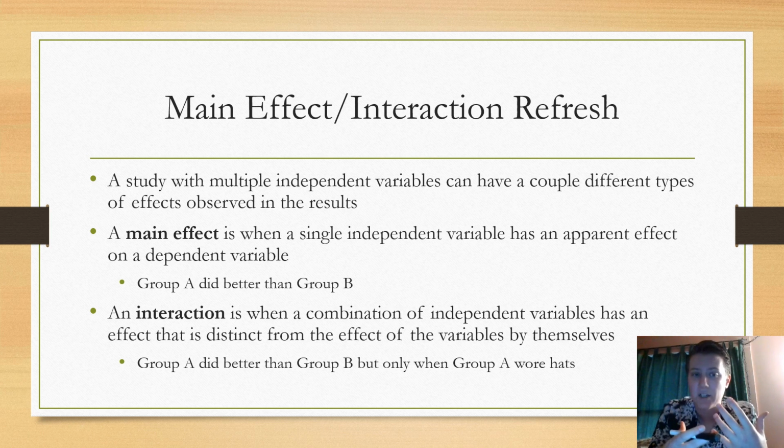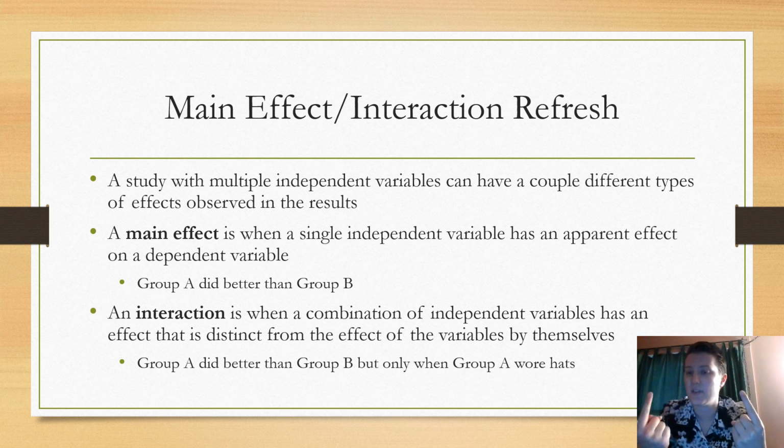With an interaction, we are looking at a combination of independent variables that has some type of effect. So maybe we have people in a loud testing condition and a quiet testing condition. That's one independent variable: which environment are you taking your test in, loud or quiet?